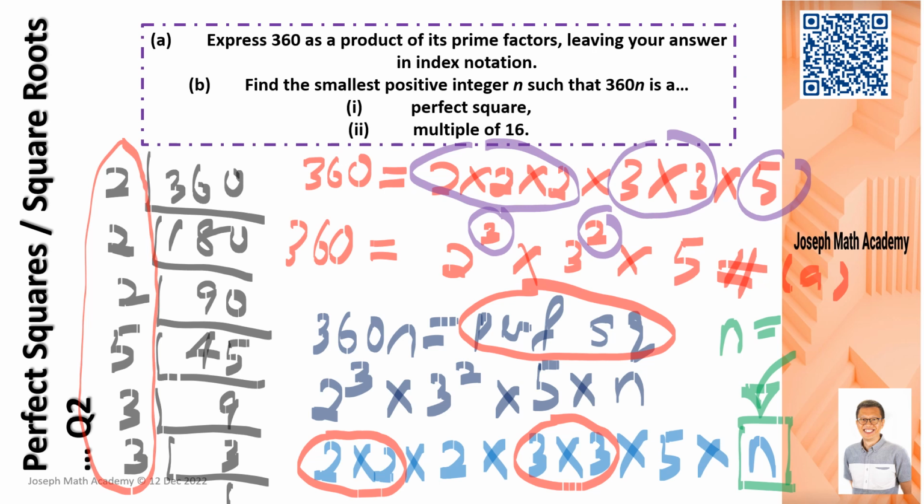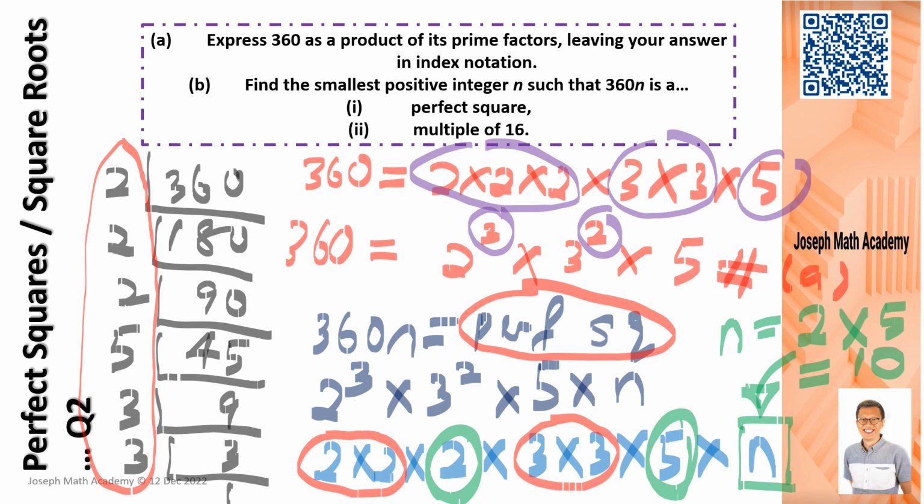So in order for the expression to be a perfect square, this number 2 must have another number 2 so that it becomes a pair. So we need to introduce a 2. And we also want this 5 to have another 5. We need to multiply another 5 to the expression so that it becomes 5 squared. So n has the value of 10.